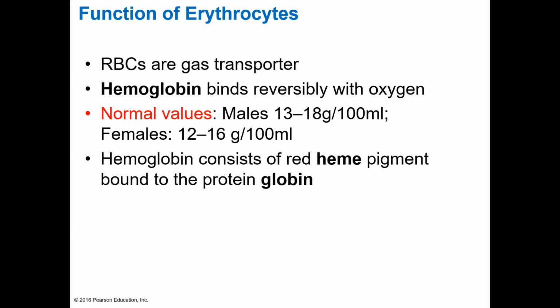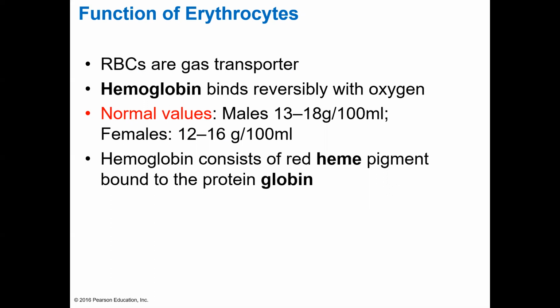What does that mean? It means the hemoglobin has the ability to tightly capture the oxygen where the oxygen concentration is higher, like where? In the lungs. In the lungs, you have a higher concentration of oxygen, so the hemoglobin molecule will tightly hold on to the oxygen and then deliver it to the tissues.